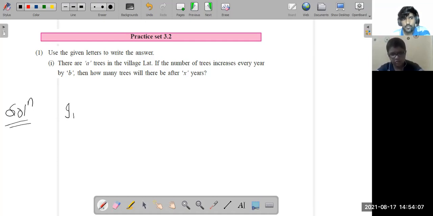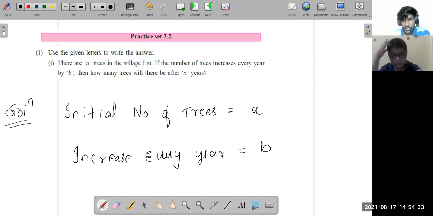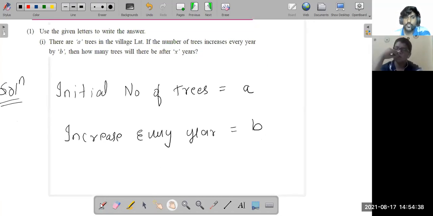So would it be addition? Initial number of trees in the village is A. Increase every year is B. You have to find the number of trees in the village after X years.